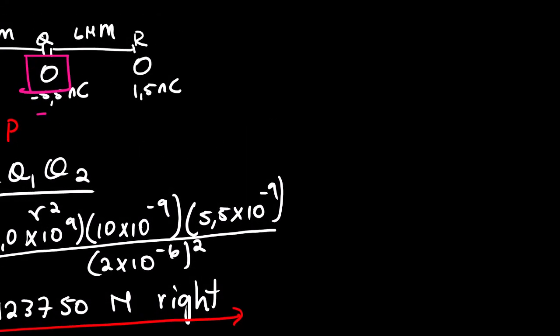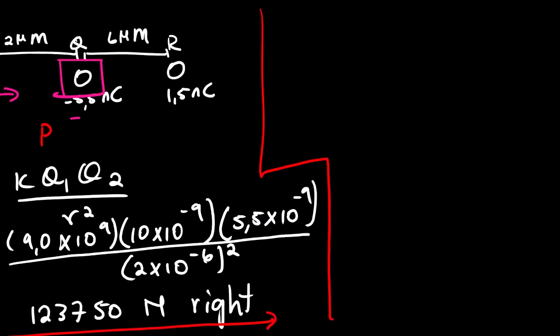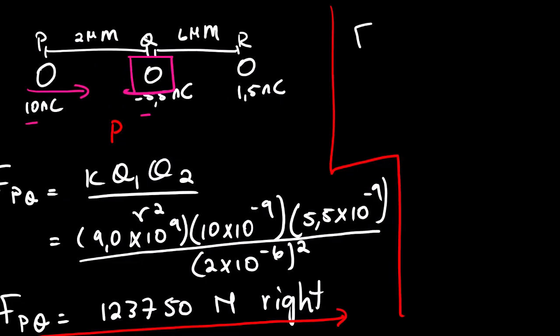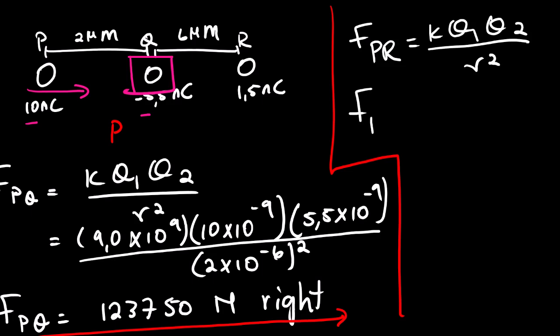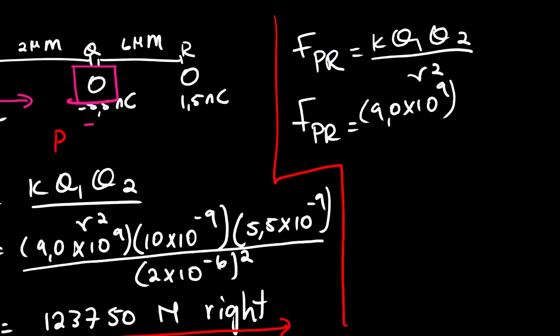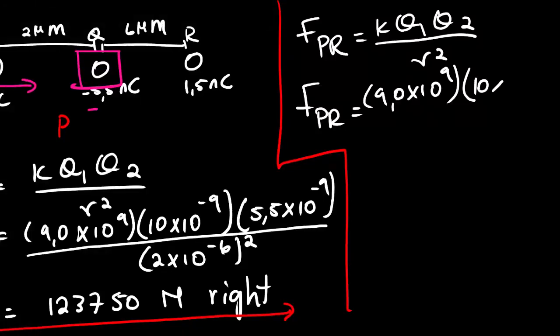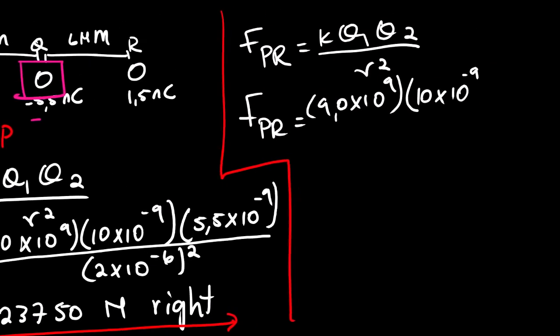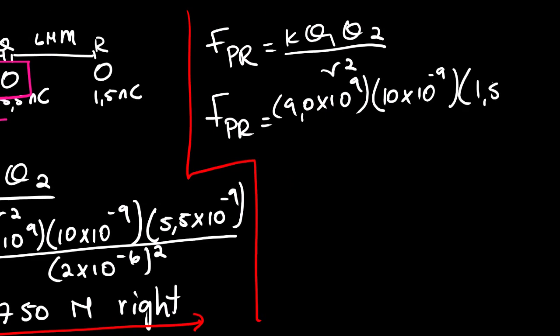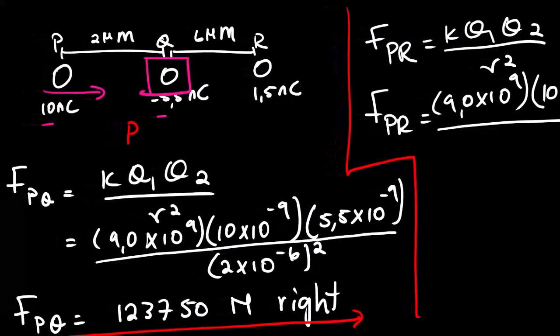Then we move on. We're going to calculate PR. So F PR is equal to k Q1 Q2 over r squared. F PR is equal to 9.0 times 10 to the power 9. Then Q1 is 10 times 10 to the power negative 9. Q2 is 1.5 times 10 to the power negative 9, all over the distance.